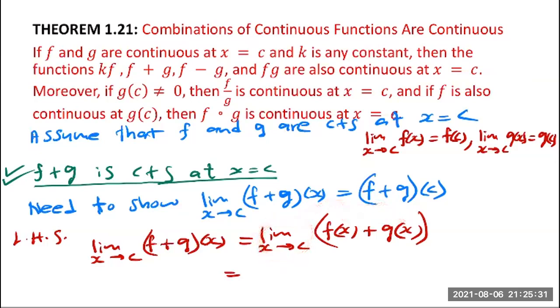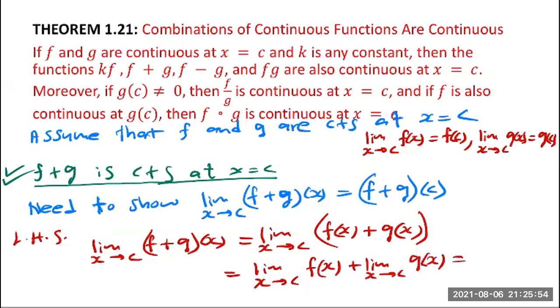That's rule number 2. If you have to take the limit of the sum of two functions, you can distribute the limit inside the parentheses. Then this is equal to the limit as x approaches c of f of x plus the limit as x approaches c of g of x.